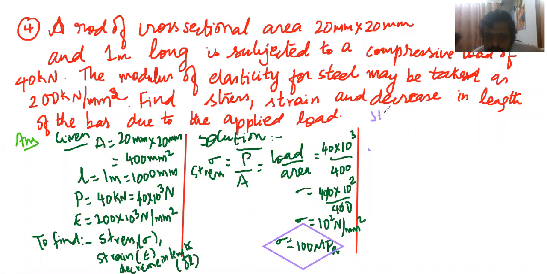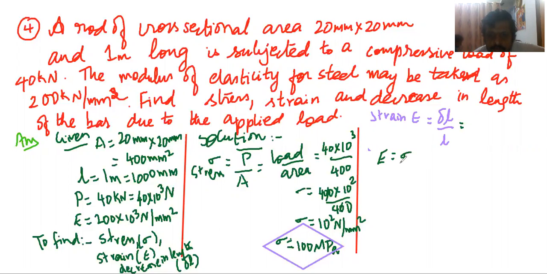Strain epsilon equals delta L, the change in length, by original length. But we are supposed to find delta L, so for that we have to use Young's modulus.